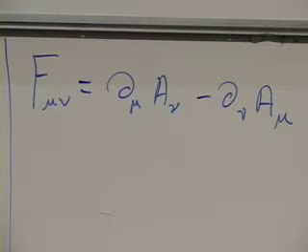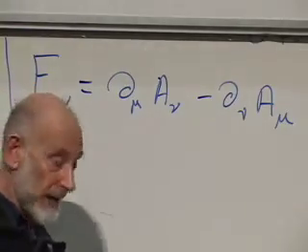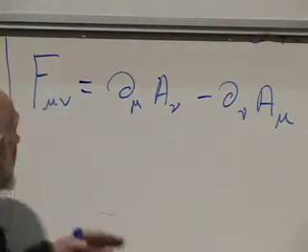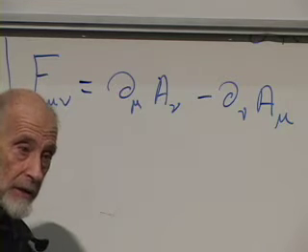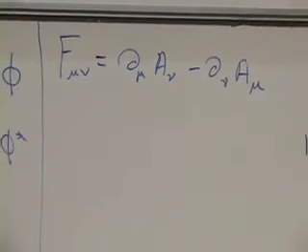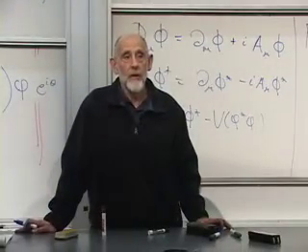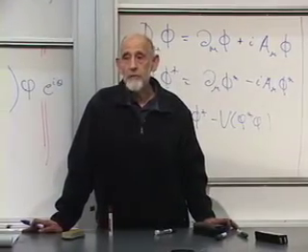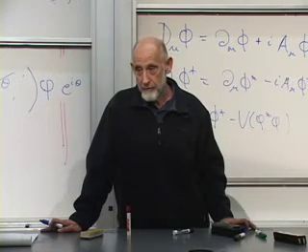The diagonal components are 0. F00 is 0. Why is that? Because it's d0 A0 minus d0 A0. That's 0. All of the diagonal elements are 0. It's antisymmetric on the mu nu interchange. And its components with one space and one time, what are they? The component of F mu nu with one space and one time is the electric field.